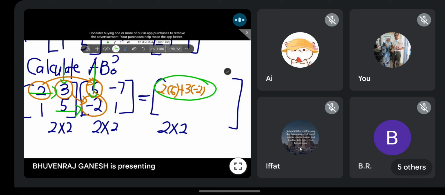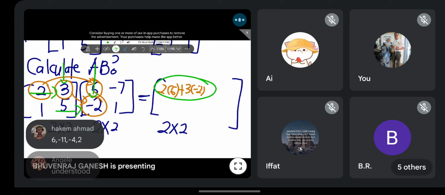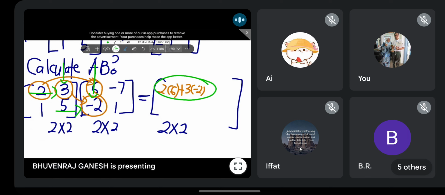Can get it or not? Okay, I know. I'm teaching slowly. Okay, so now the second one. I just write first. 2, 6, and then plus 3, negative 2.